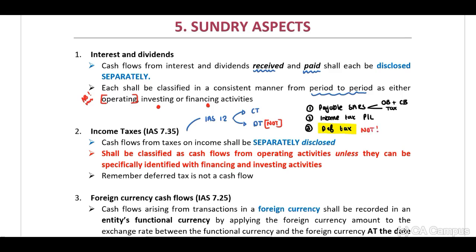Now, they indicate to us that income taxes shall be classified as cash flows from operating activities unless they can be specifically identified with financing and investing activities. Therefore, again, you need to read the information provided.